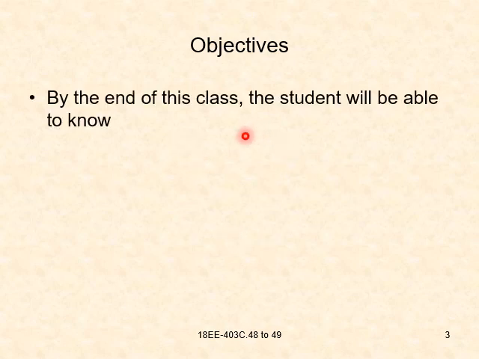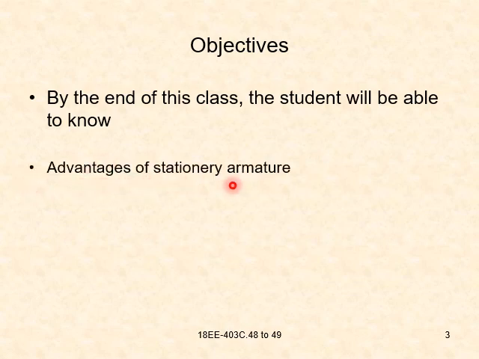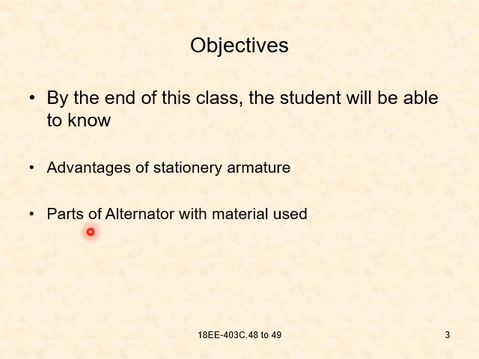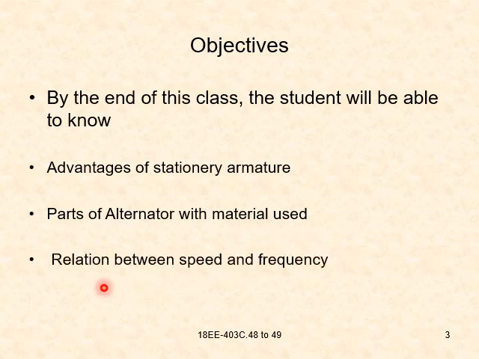So today's objectives are, by the end of this class, the students will be able to know about the advantages of stationary armature, parts of alternator with materials used, and the relation between speed and frequency.